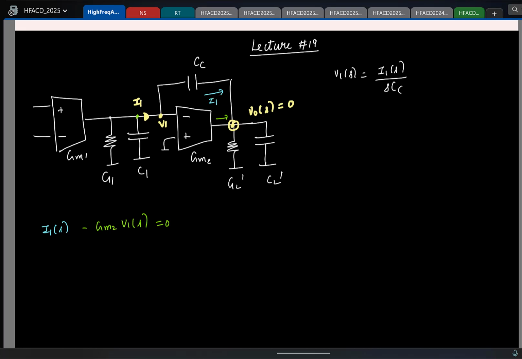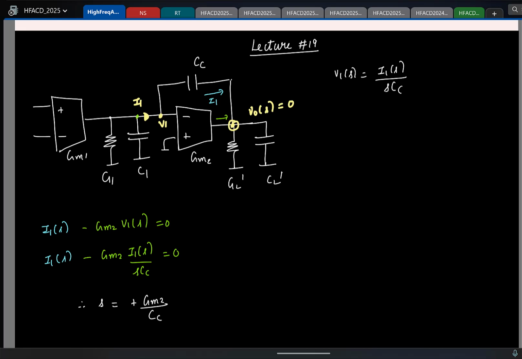Okay. So I can substitute for V1 here. So this is I1(s), minus gm2 times I1(s) by sCC, sum of these two is 0. So again, we can prove that I1 cannot be 0 because I1 is a current getting pushed by the transconductor. If we have non-zero input, the current will also be non-zero. So the only possibility is to have s take this value of plus gm2 by CC.